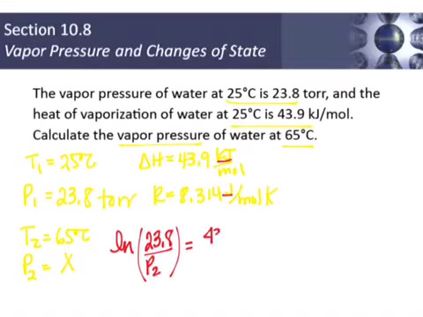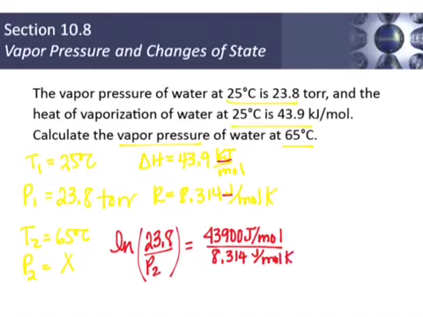So we have 43,900 joules per mole, and that is over our R, which is 8.314 joules per mole.